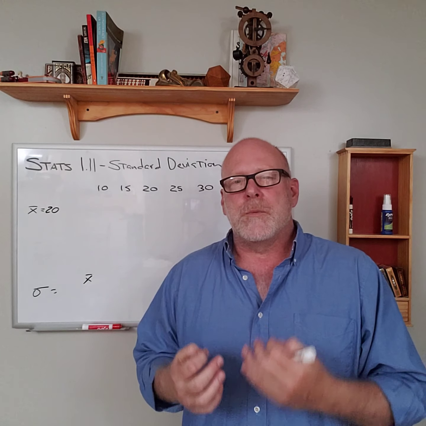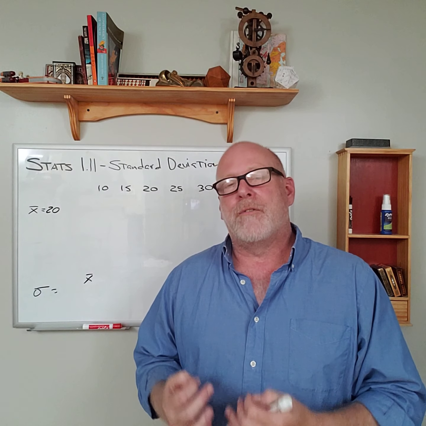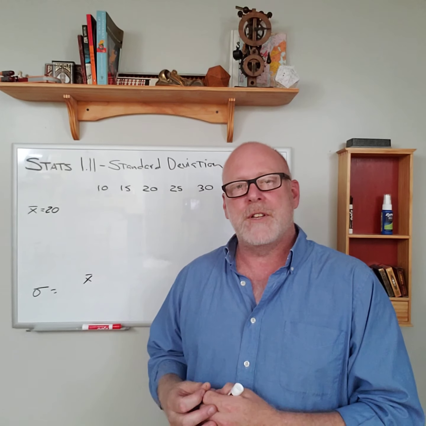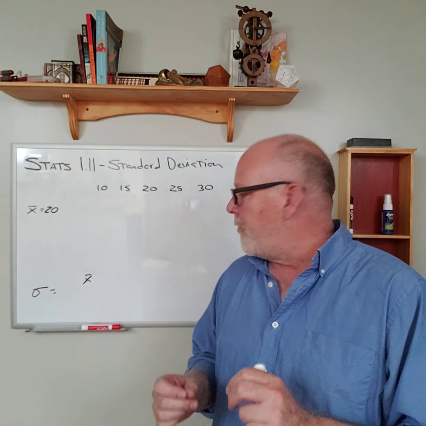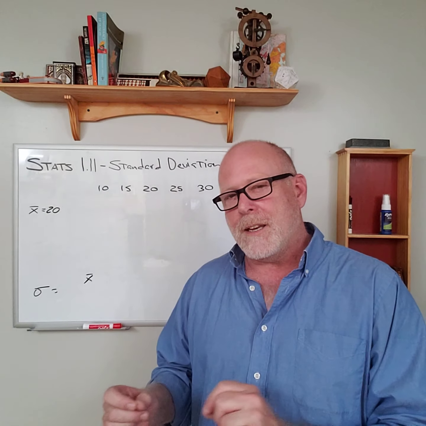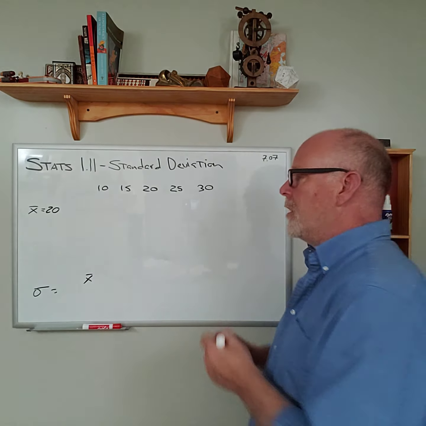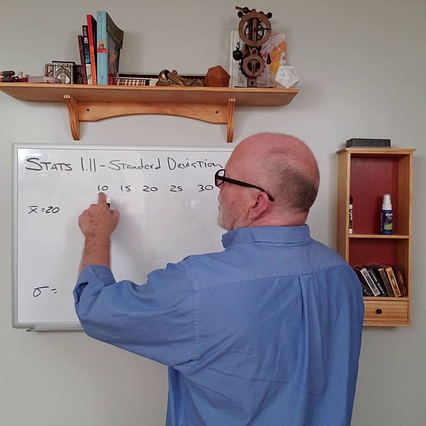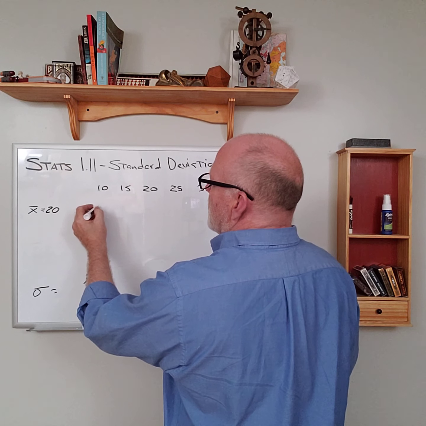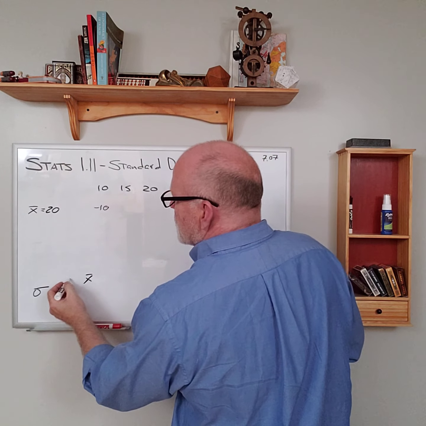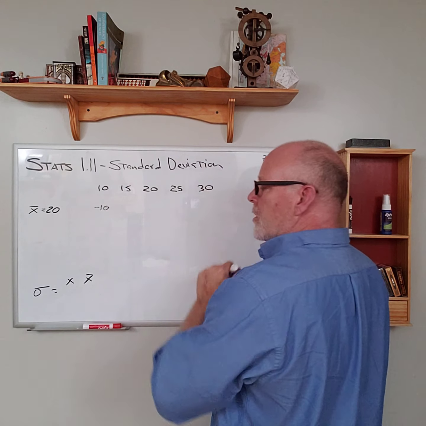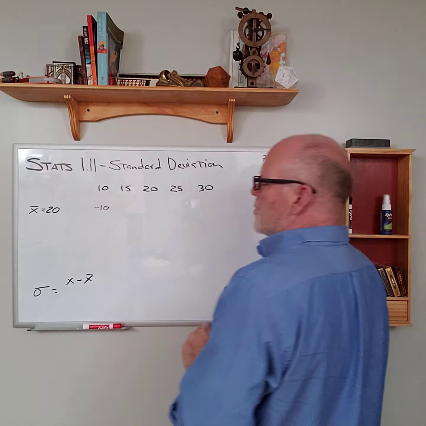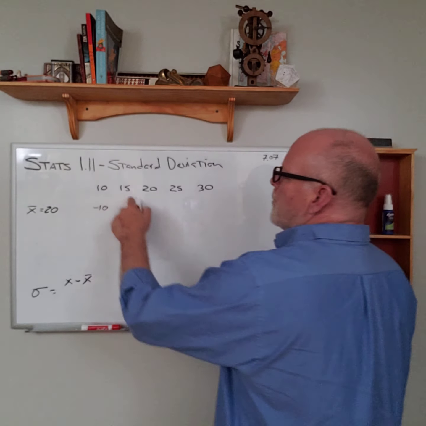And then we're going to subtract X bar from each of the members of this set, from each of the members of the population. That's going to be our deviation. How far away from the mean is this number? That's where deviation comes from. This one, 10 minus 20, is going to be negative 10. Right? So I'm starting with each number, each number is x, and from each number we're going to subtract the mean.